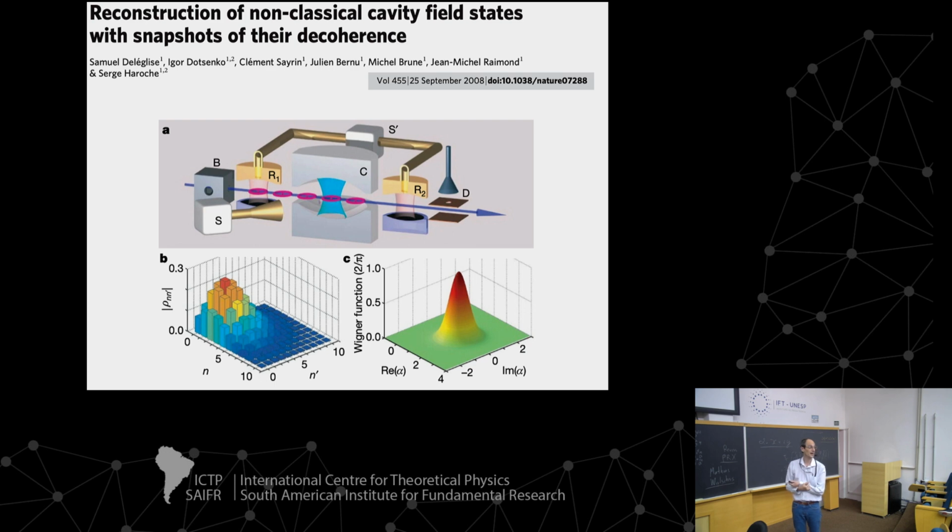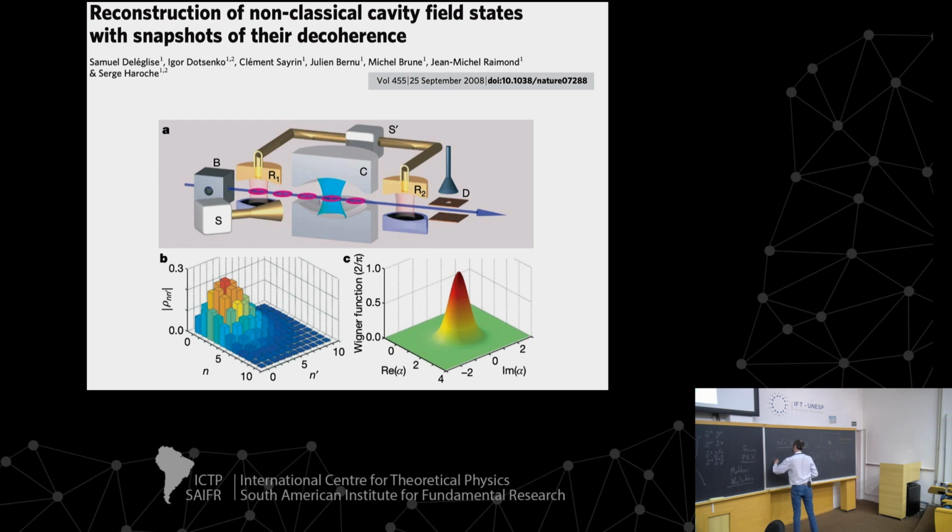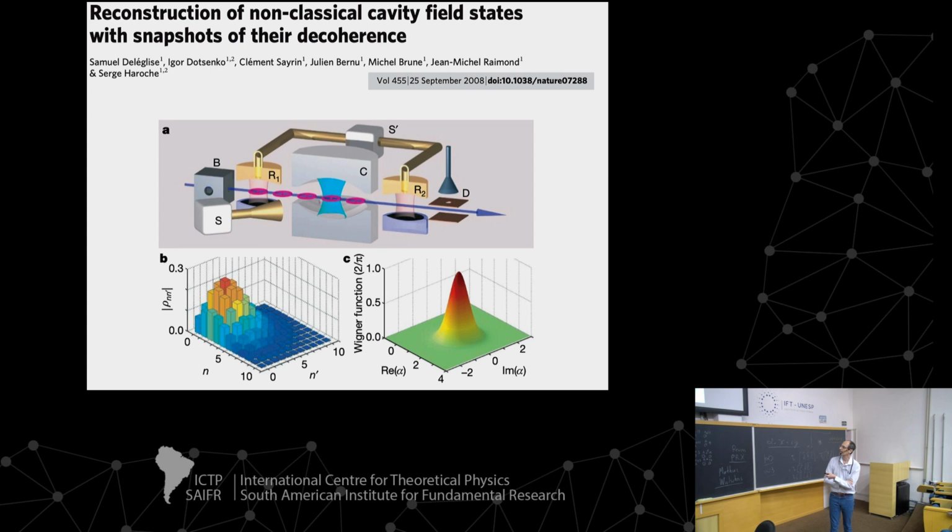So it will be something like alpha around 3, and you can map that either in the number representation or evaluate the Wigner function out of it.